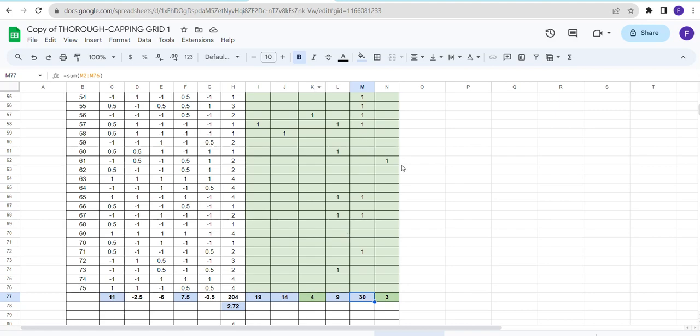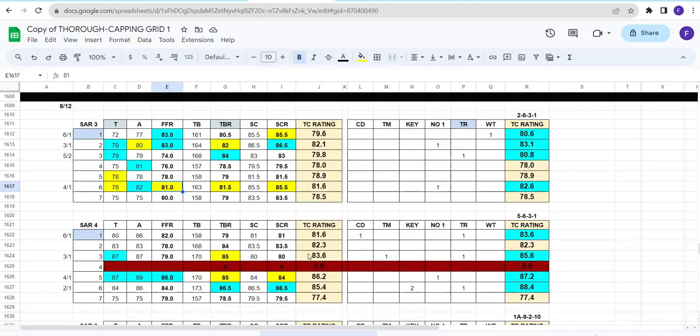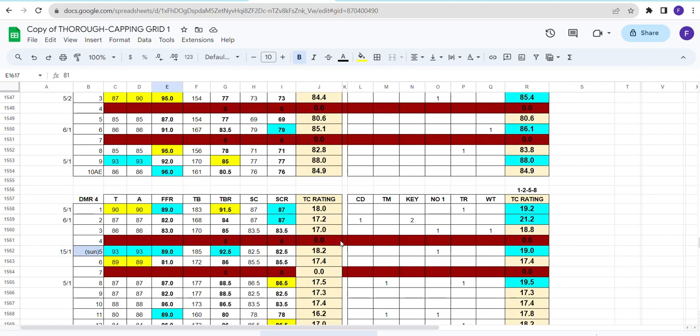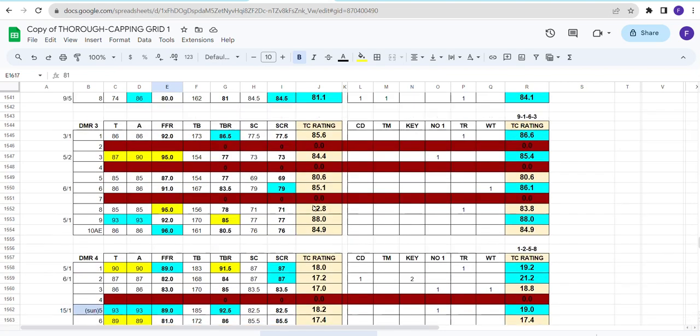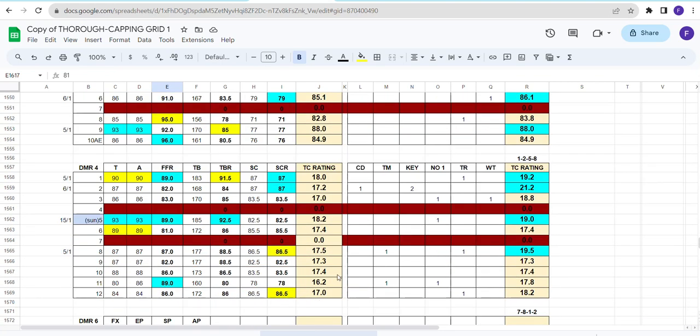Now I'm going to show you something I played around with. Let me go back to a race. Okay, if you notice, race 4 from Del Mar yesterday. If you look at my formulas up in the top here, I took the TC rating, instead of just averaging the target, ability, final fraction, target Briz, and speed, what I did was I assigned weights to each of them.